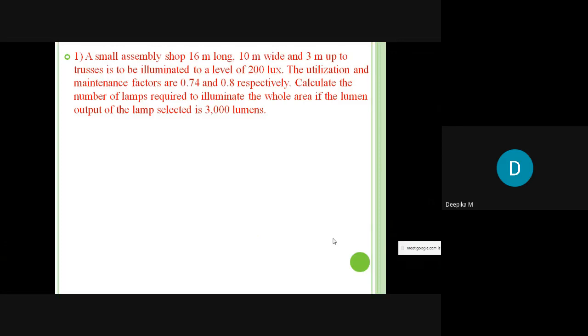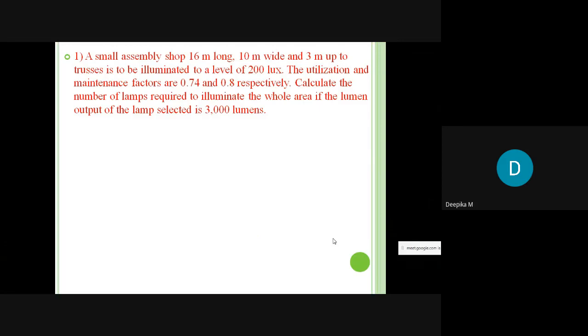In this problem they have given a small assembly shop with dimensions 16 meters in length, 10 meters in width and 3 meters in height. The illumination they have given as 200 lux, and the utilization and maintenance factors are 0.74 and 0.8 respectively.